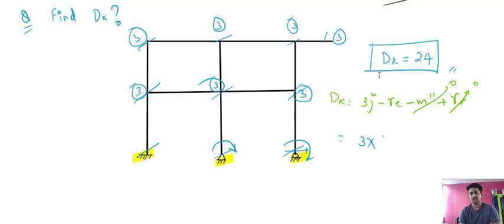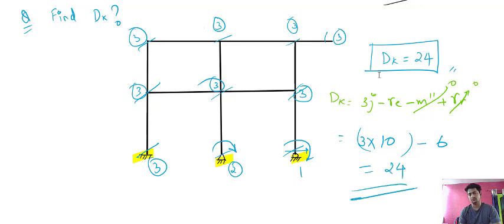The number of joints is 10, minus external reactions, which are 3, 2, 1, 6. So the value of dk comes out to be 30 minus 6, that is 24. So directly also the same value, and using the formula also the same value.